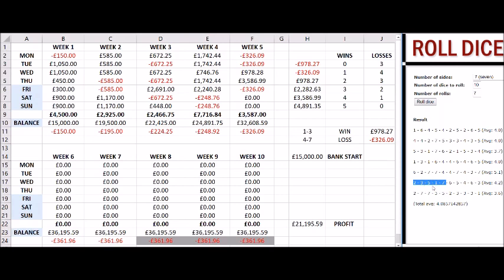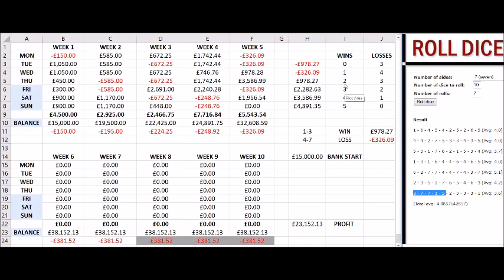Saturday there were 3 wins. The 3 wins is 2282.63 and a loss of 326.09. So Saturday was 1956.54, and then Sunday there were 2 wins.